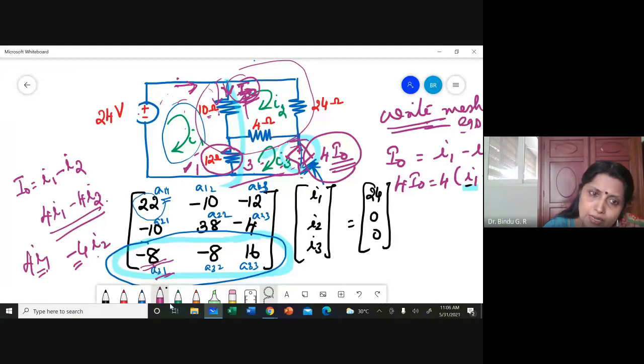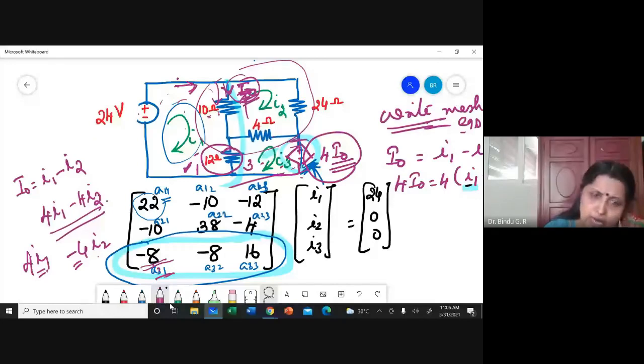So whenever I am concerned with I1 in the position A31, this 4 also should be taken into account. So more 4 here: minus 12 plus 4, I'll get minus 8. That is how I ended up with this minus 8.